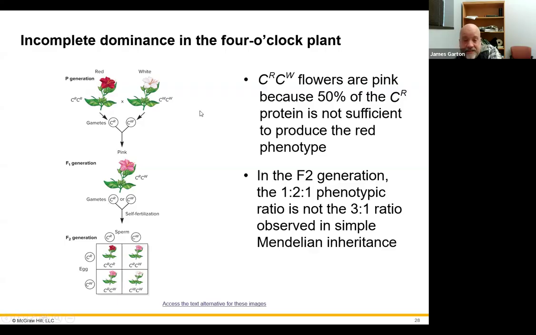And so the easiest explanation is because whatever protein this CR allele encodes, half of it is not enough to completely turn those flowers red.